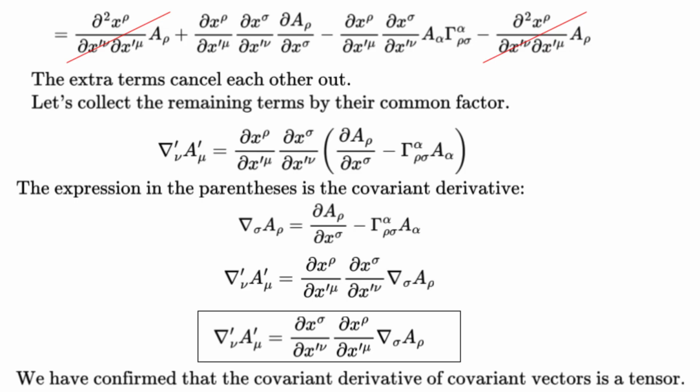The extra terms cancel each other out. Let's collect the remaining terms by their common factor. The expression in the parentheses is the covariant derivative.